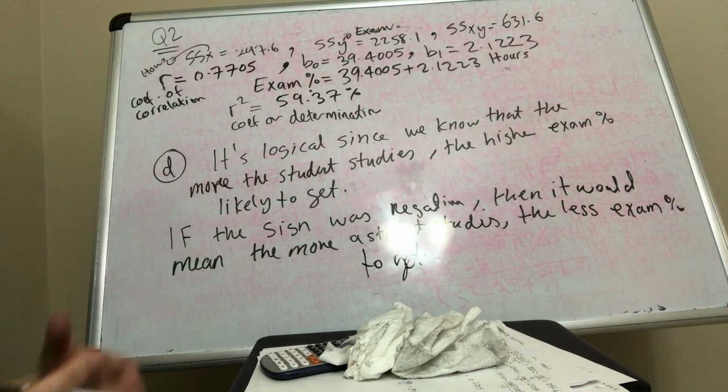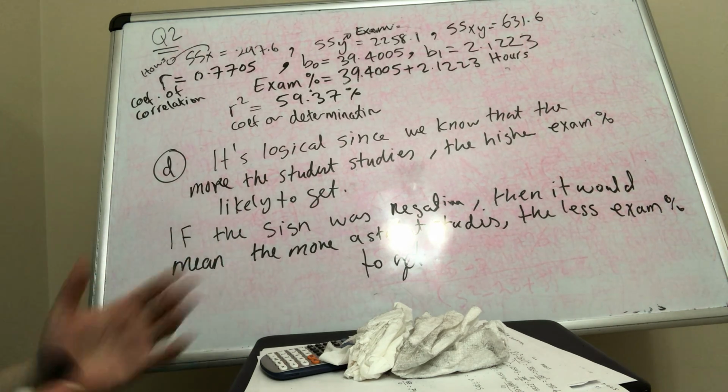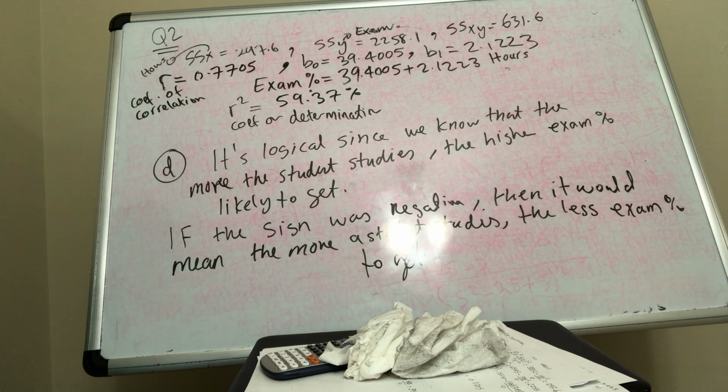So if it was the opposite sign, it would mean that the more they study, the less exam percentage, which again doesn't make sense. So that's the answer for D.